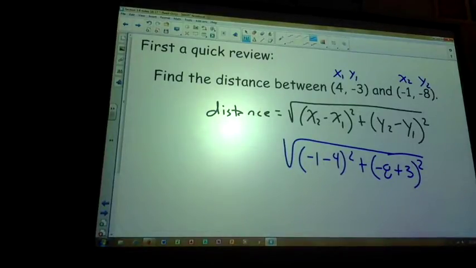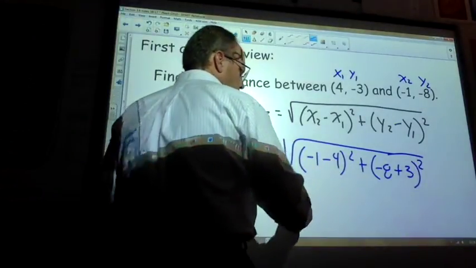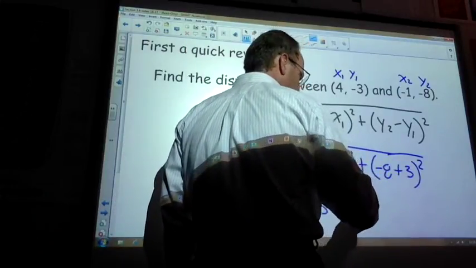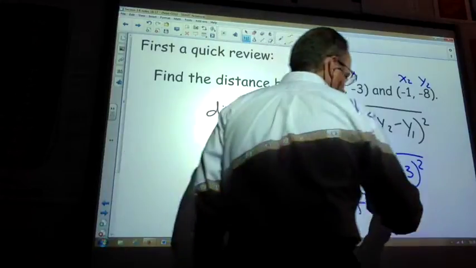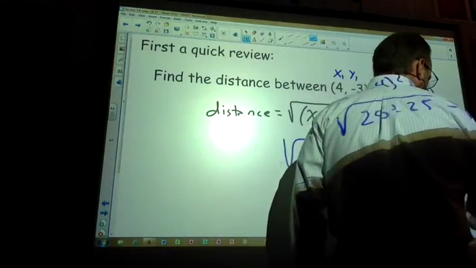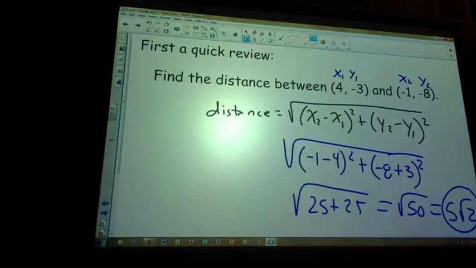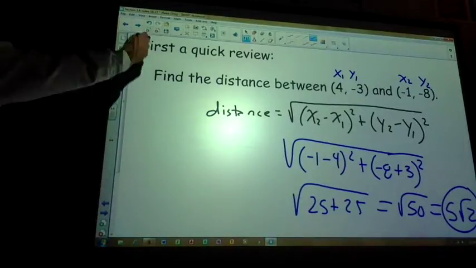Negative or negative. Good. So this becomes -5 squared, which is 25, plus -5 squared, which is 25. So we come up to an answer of root 50, and root 50 breaks down to 5 square root 2 as its best components. How did I get that? 25 times 2, square root of 25 is 5, so 5 root 2. Remember that? May I move on?